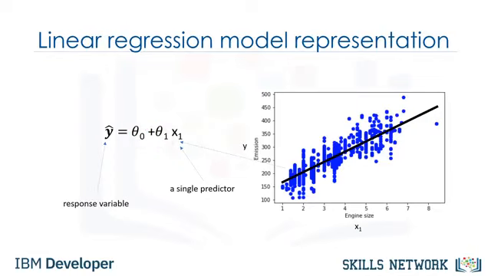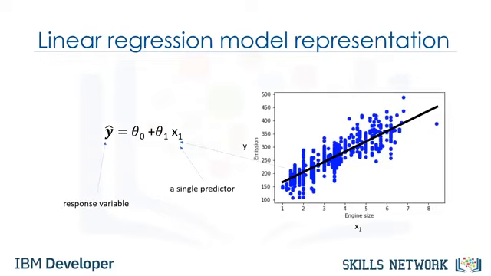You can interpret this equation as y hat being a function of x1 or y hat being dependent of x1. Now the questions are, how would you draw a line through the points? And how do you determine which line fits best? Linear regression estimates the coefficients of the line.